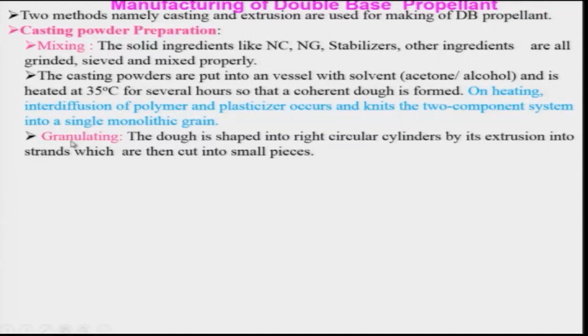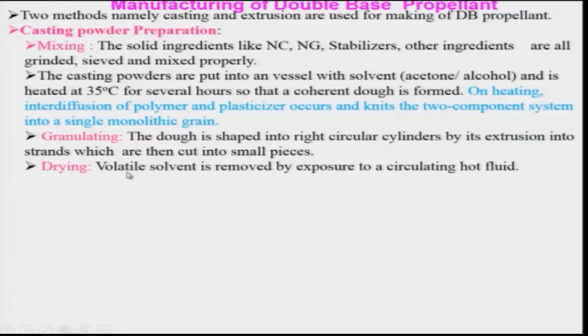This process is known as granulating. After this, the volatile solvent is removed with the help of circulating hot fluid, generally hot air, to dry these small pieces of casting powder.